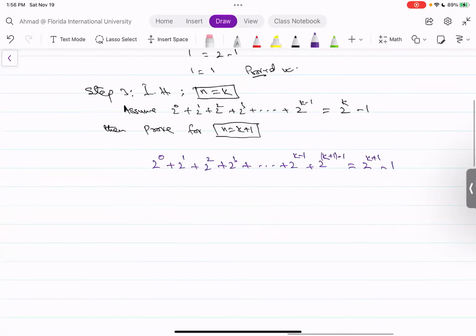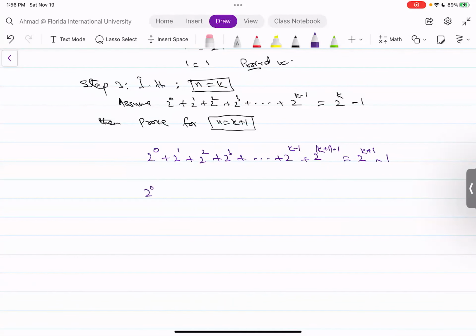That is what I have to prove. So this is going to be 2 power 0 plus 2 power 1 plus 2 square plus 2 cube plus so on plus 2 to the power of k minus 1, then k plus 1 minus 1 is 2 power k, is equal to 2 to the power of k plus 1 minus 1.